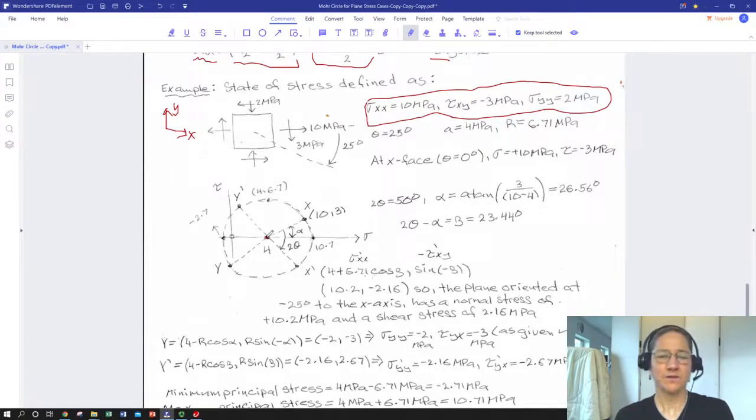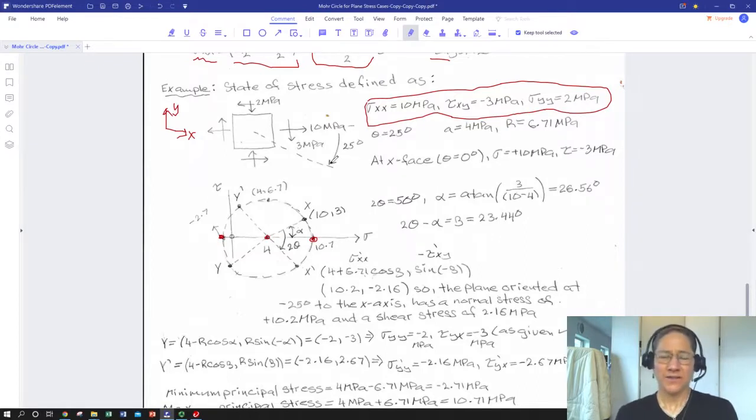So we end up with a circle center at 4, and a circle radius of 6.71. So our first principal stress is about 10.7, and our second is compressive, so it's negative 2.7. So this is A minus R, and this is A plus R. So somebody wants to know something about what's going on on a plane that's oriented at negative 25 degrees.